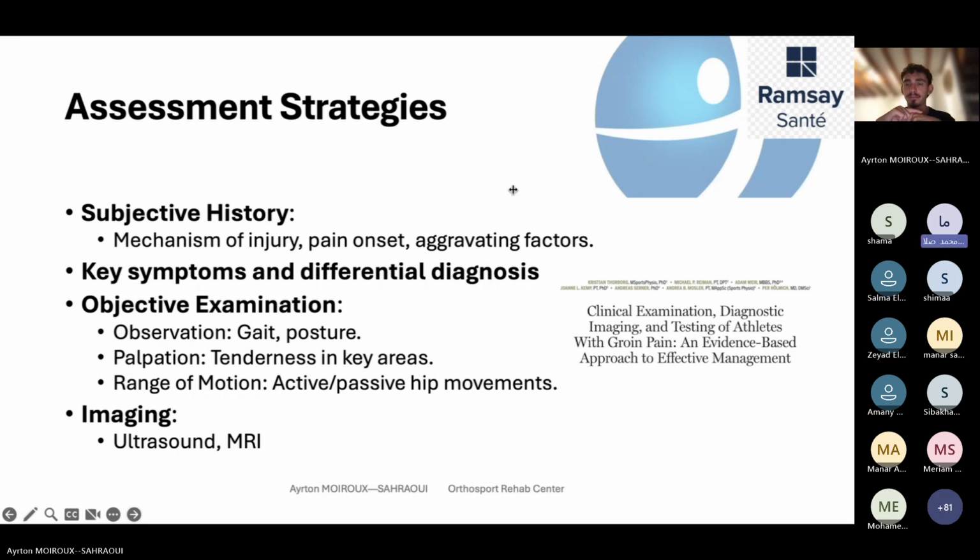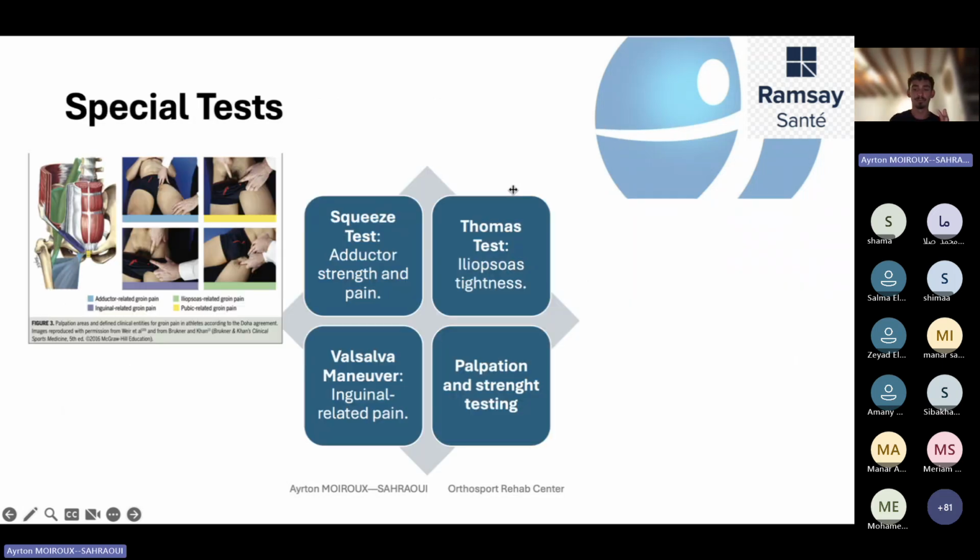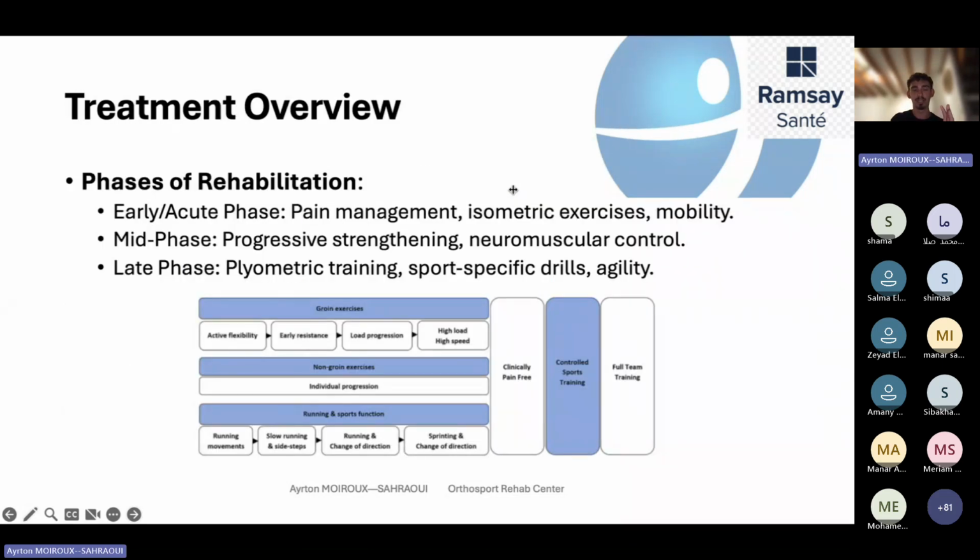What's the cornerstone of rehabilitation of chronic cases? For chronic cases, you will follow the same framework as we talked before. The framework is the same for acute or chronic groin pain, but you will focus more on compensatory strategies that the patient kept.